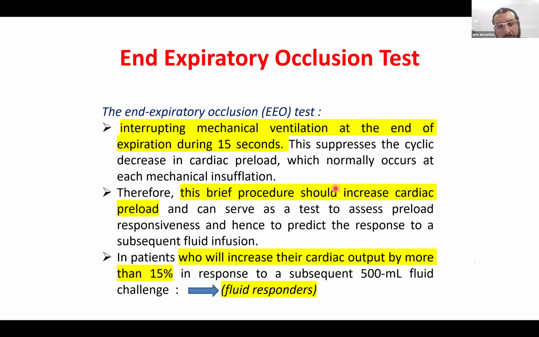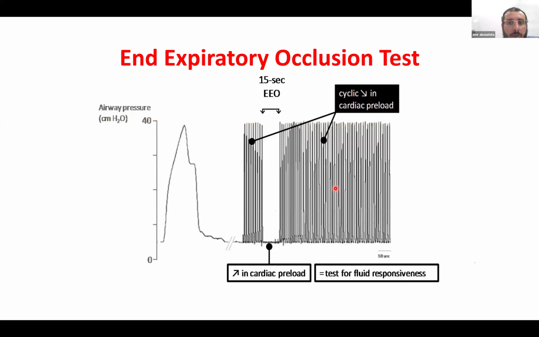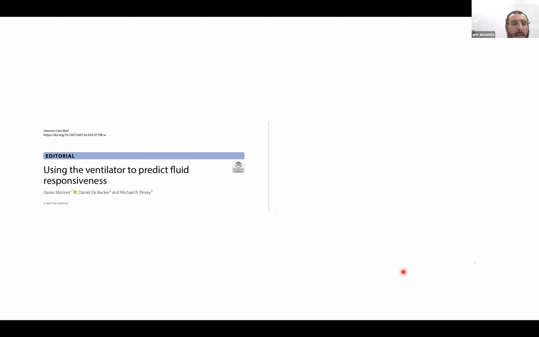Of course, the patient should be ventilated and well sedated, and you should also have a cardiac output monitor, or you have a VTI, or you have the end-tidal CO2 to interpret that the cardiac output is increasing by 15% to categorize your patient as a fluid responder or non-responder. And this is how you can apply the test: 15 seconds at the end of expiration, and you can check if there is an increase in the cardiac output, then the patient is fluid responsive.